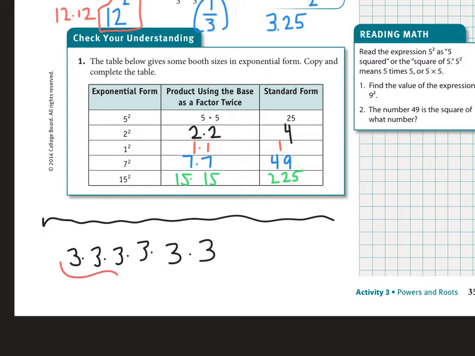So this would be equivalent to 3 as the base to the 6th power, because there are 6 factors of 3. You're multiplying 3 by itself 6 times. And just for the sake of example, that actually equals 729. That would be the standard form on that.